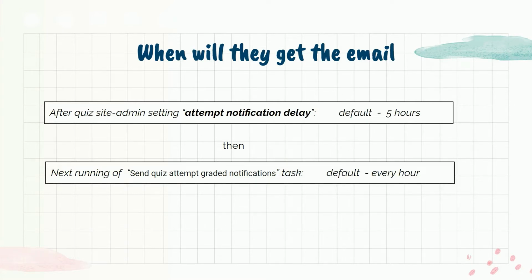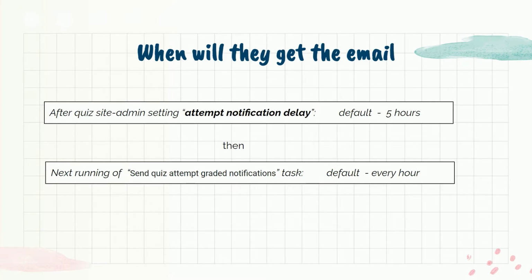The other thing to note here is that when the quiz has been graded will be different if it's an automatically graded quiz and if it's a manually graded quiz, or if there are manually graded questions inside the quiz. If your quiz has Poodle recording questions or essay questions, then they are going to be manually graded, and only after those question responses have been graded will that student's attempt be considered for an attempt notification.